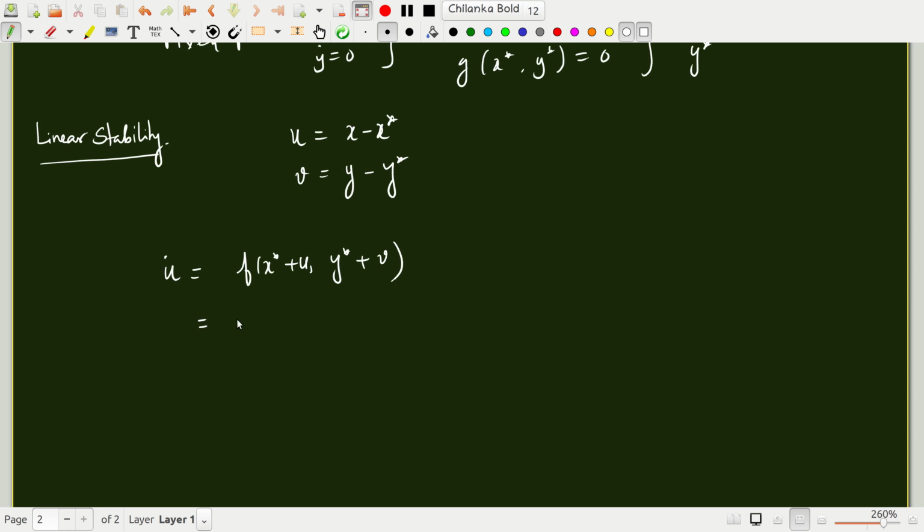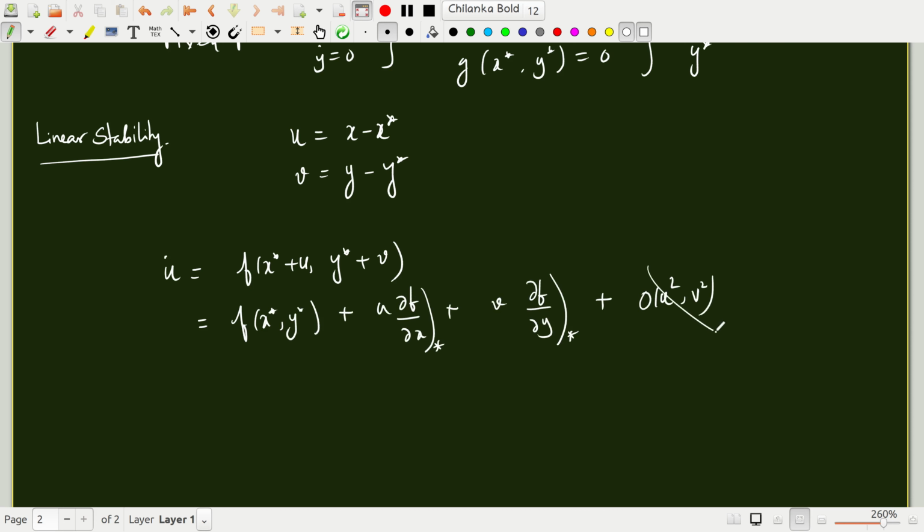This is nothing but a Taylor expansion in two variables: f of x star y star plus u partial f partial x at star plus v partial f partial y at star, plus higher order terms which are neglected in a linear analysis.